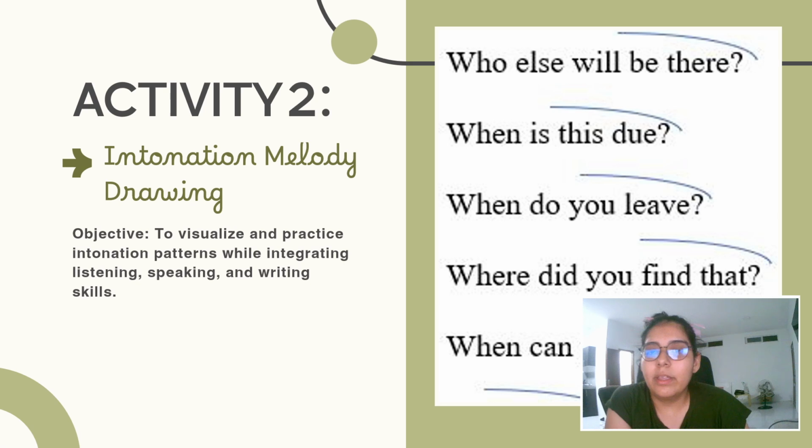In all this, we can have the integration in speaking when pronouncing sentences with correct intonation. In reading, when reading the sentences with marked intonation patterns. Writing, drawing, and labeling intonation patterns. And that is all for that activity.